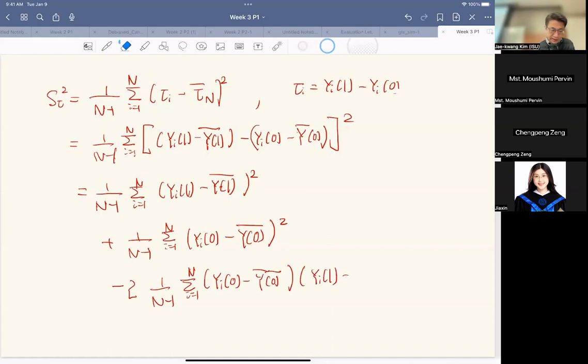Just the algebra, right? So then this is S1 square plus S0 square minus 2 S01.